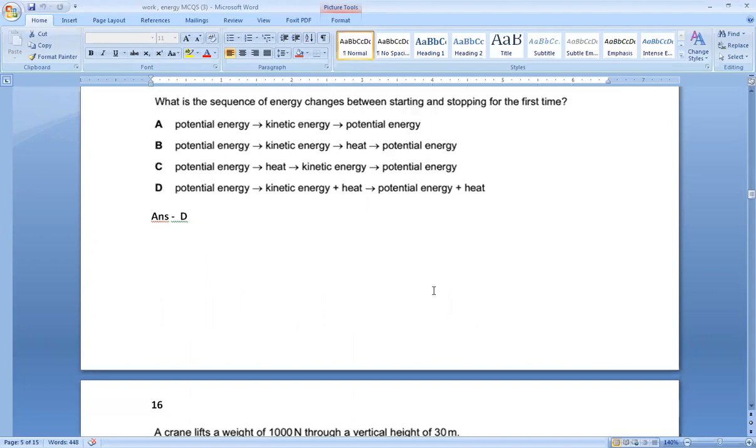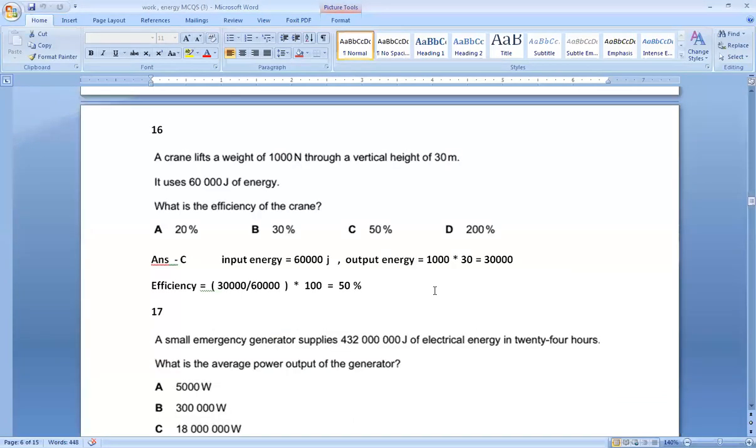Number 16 says a crane lifts a weight of 1000 Newton through a vertical height of 30 meter. It uses 60,000 joules of energy. What is the efficiency of the crane? 60,000 joules of energy is the input energy which it uses, and we have to see how much work it is doing as an output.